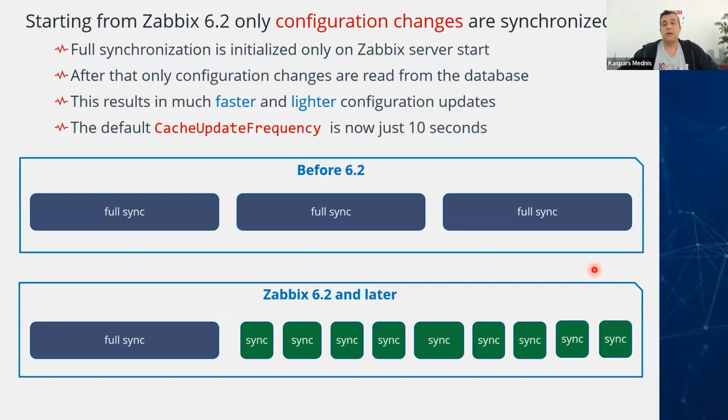But once you are done, starting from version 6.2, you will read only config updates. Which means, you add a new host. In the next config sync, you will need to synchronize only this single host, not all the other 10,000 hosts.